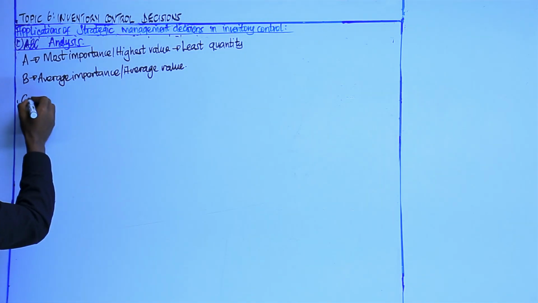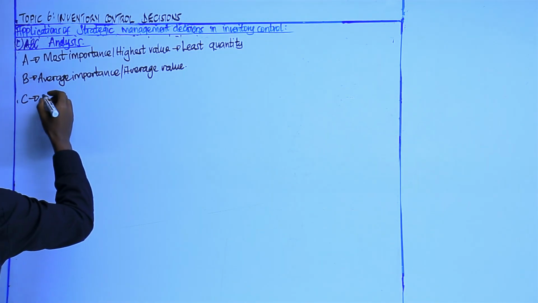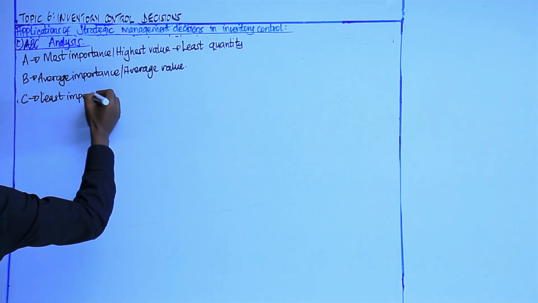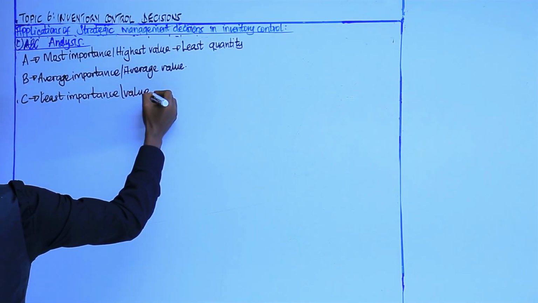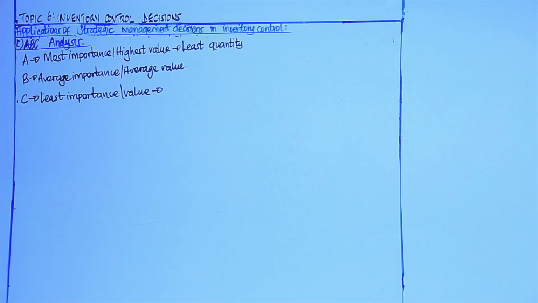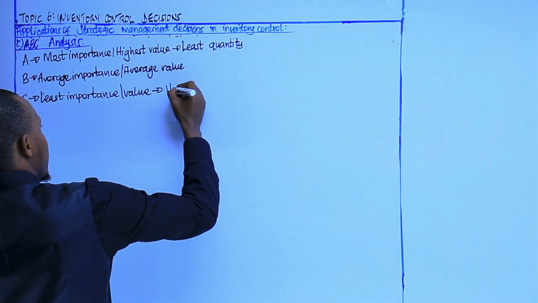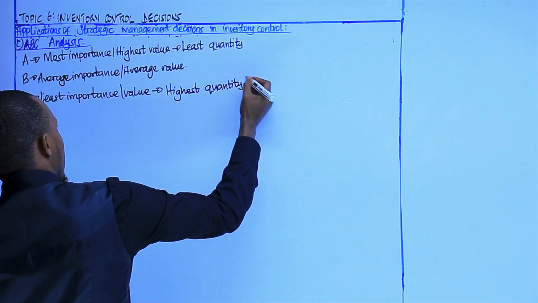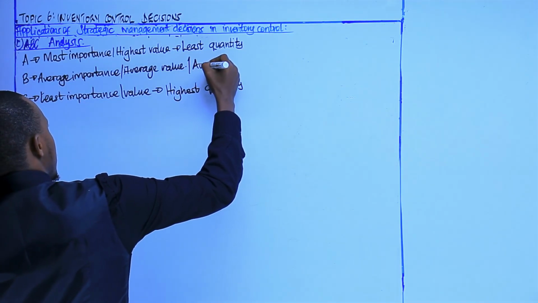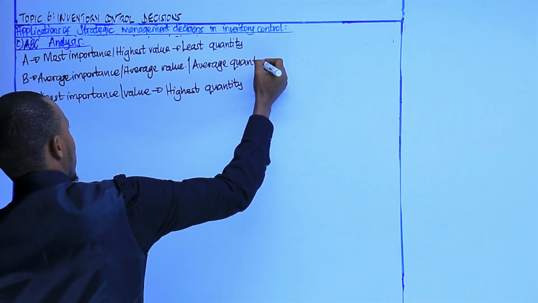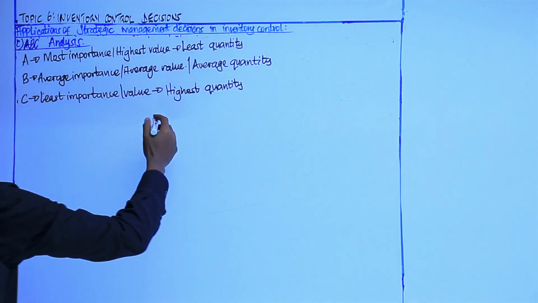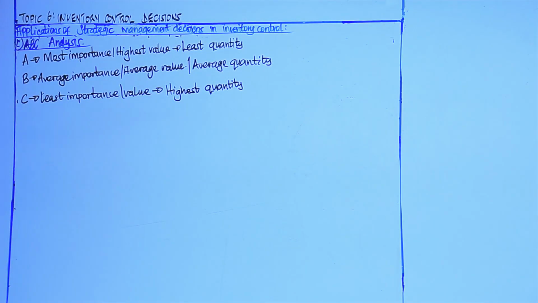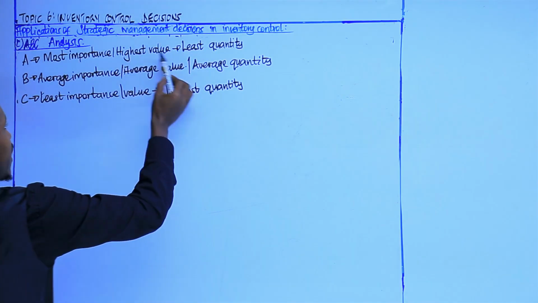But class C have the least importance or value, but at the same time they have the highest quantity. These ones have an average quantity. So look at this: you'll have this with the highest quantity, but they have a small value. These have the least quantity, but they have the highest value.